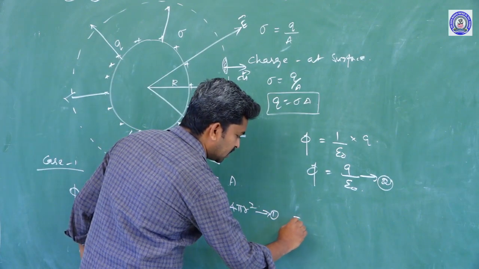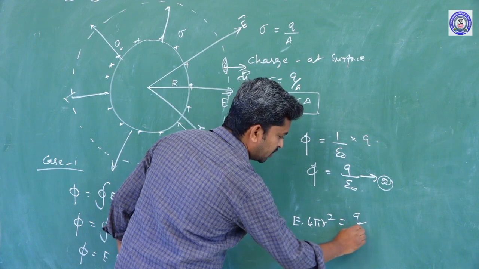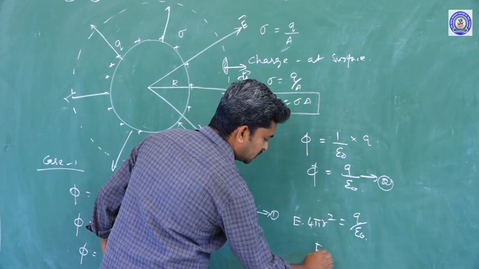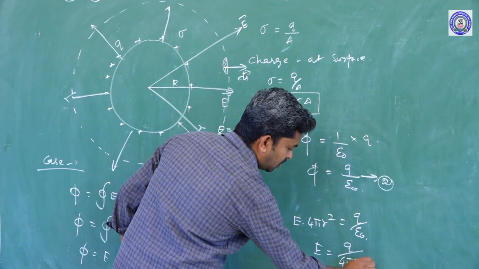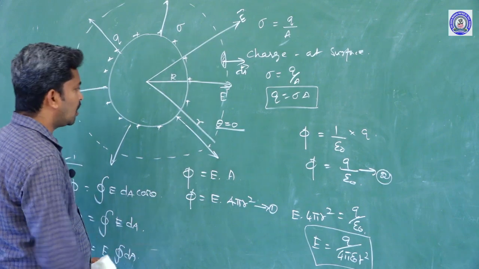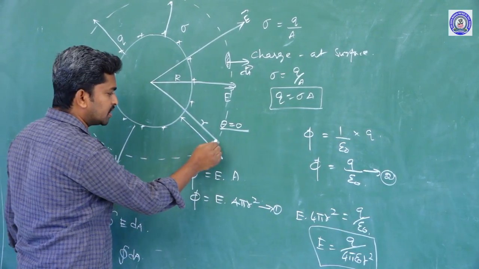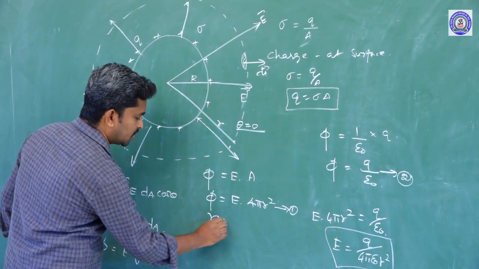So E into 4 pi r squared is equal to q divided by epsilon naught. So E is equal to q divided by 4 pi epsilon naught r squared. This is the electric field outside the sphere at a distance r, which means r greater than R.